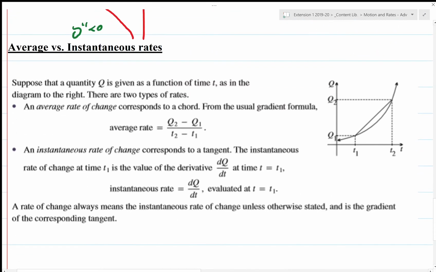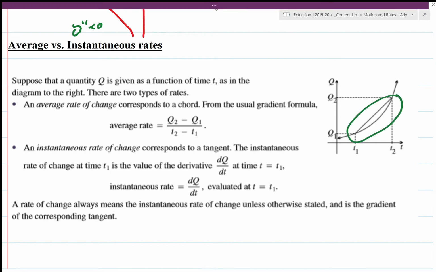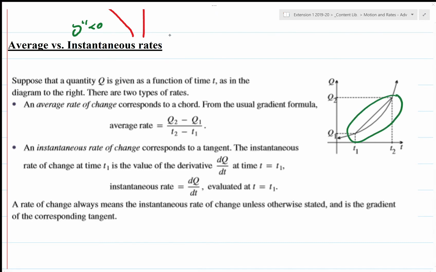Another important concept that we've also talked about quite a bit is the concept of an average rate versus an instantaneous rate. An average rate is just something taken over time. The idea is that you just take a start point and an end point and work out the rate of change that it implies.